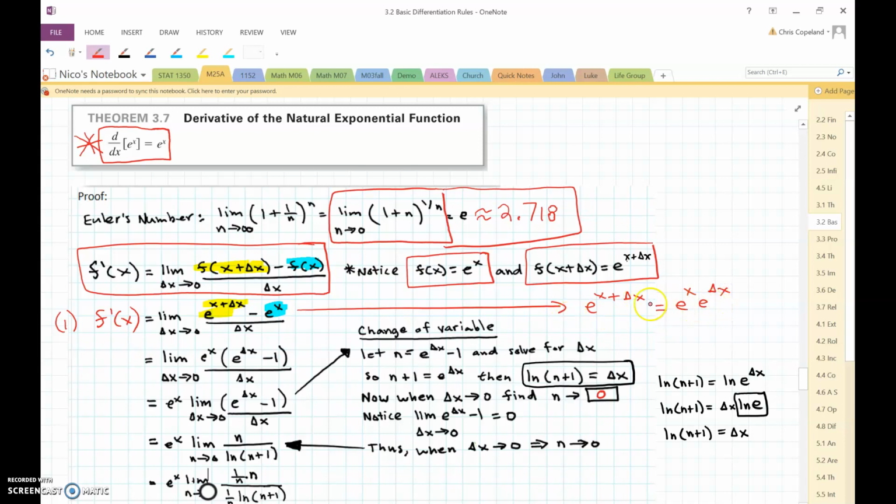So I can rewrite that whole numerator as e to the x times e to the delta x minus e to the x, and then factor out e to the x, which leaves me with e to the delta x minus 1. That's how I'm getting this step. Hopefully you can see step 2.